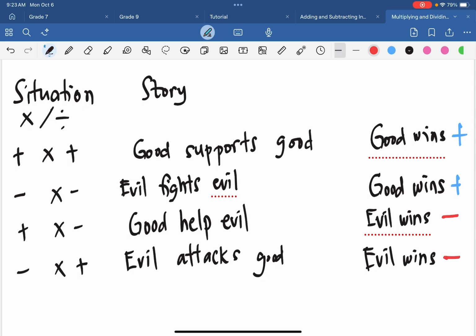So on this side, we can consider this as the results of the story or the concept that we had based on good and evil with regard to multiplying or dividing integers.